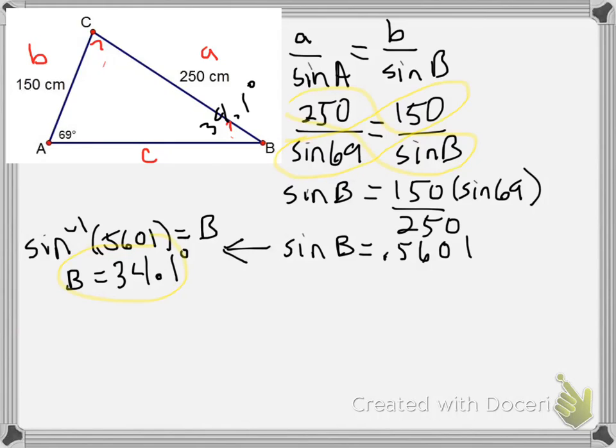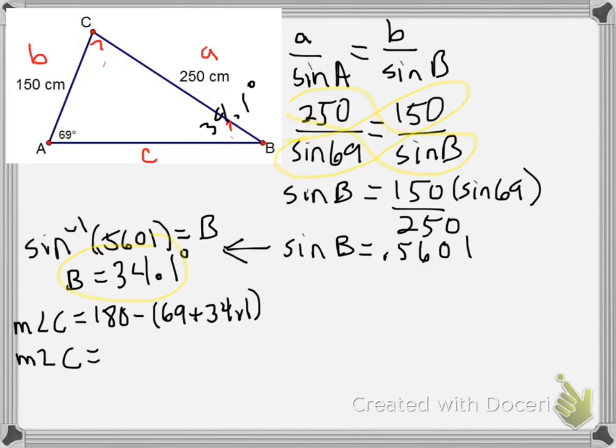C equals 180 minus 69 plus 34.1. That's an angle.